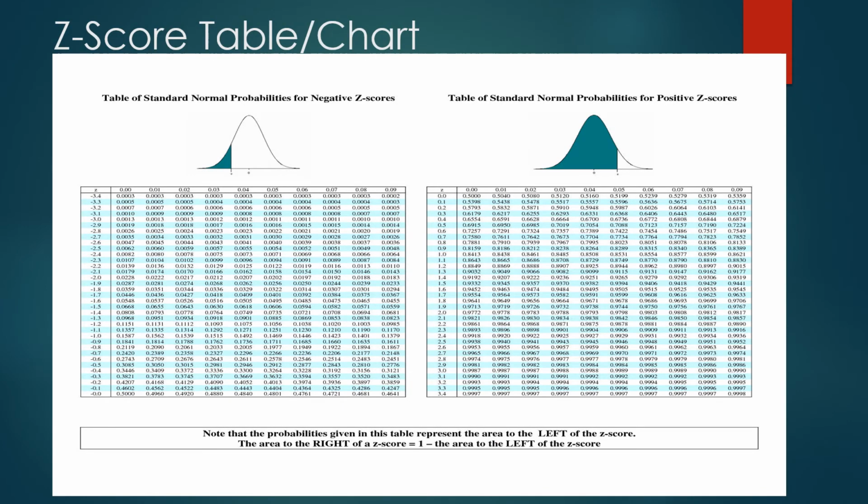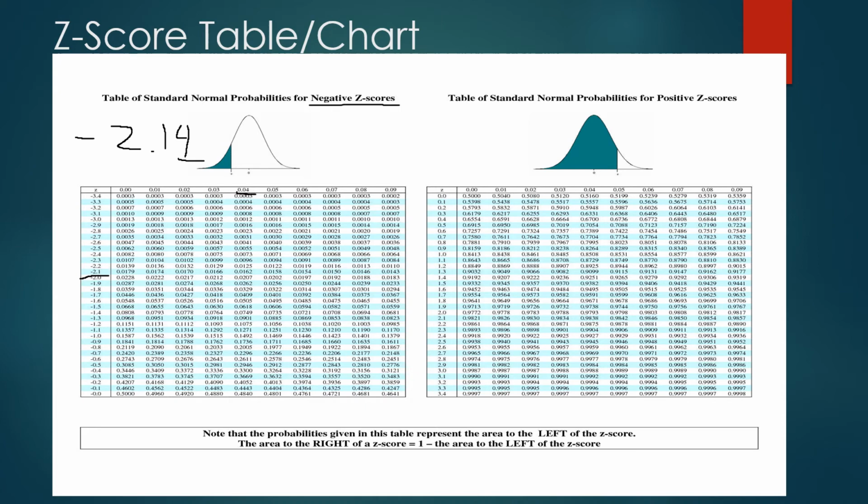So here's the z-score table. These two charts may look intimidating, but it's really nothing. Let's go over some z-scores. The left side represents the negative z-scores. Let's say we were given a z-score of negative 2.14. You would scroll down on the left to find negative 2.1, then see where the 0.04 is.